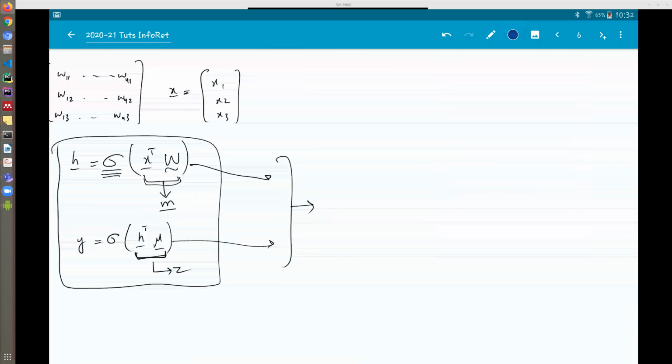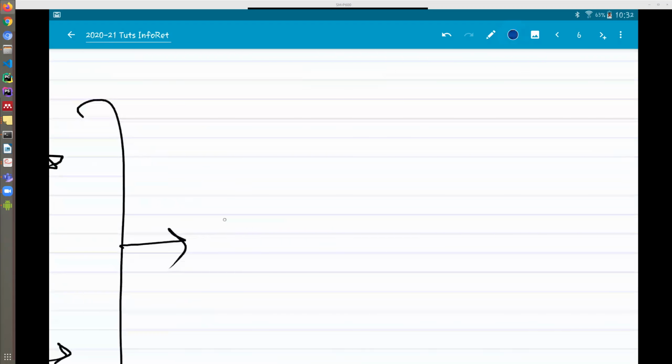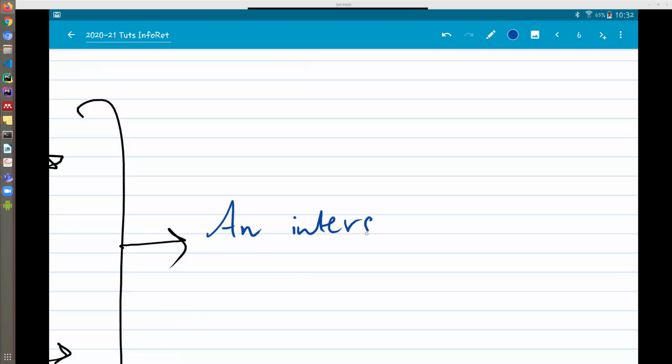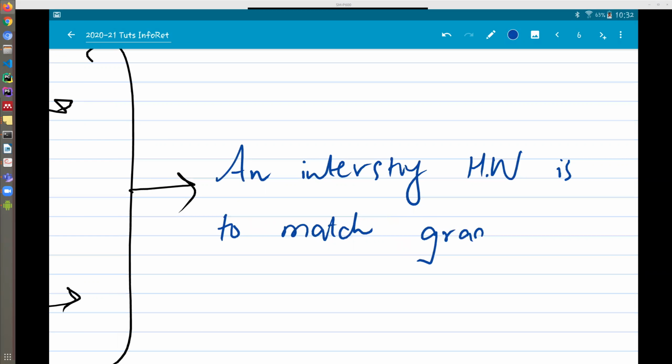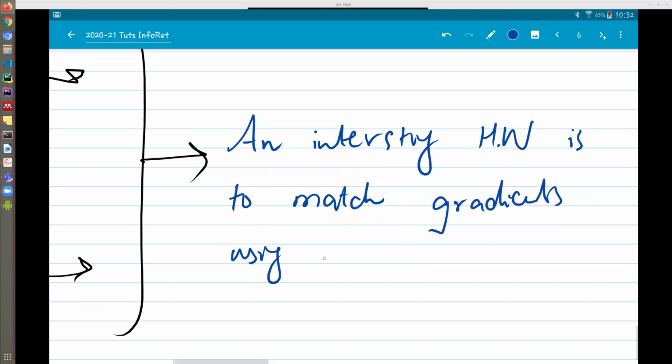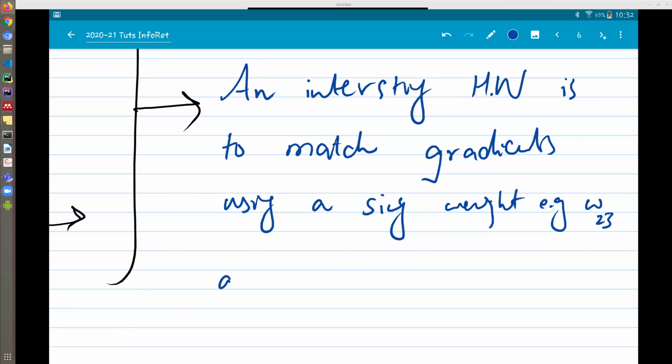So I would say, using a single weight, e.g., I don't know, W23, let's say, and using matrix notation.